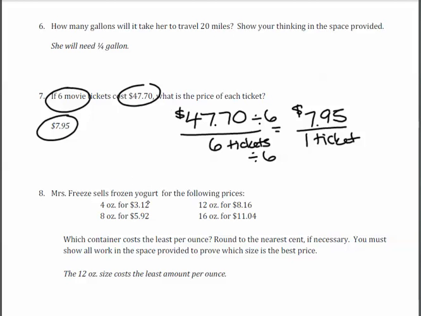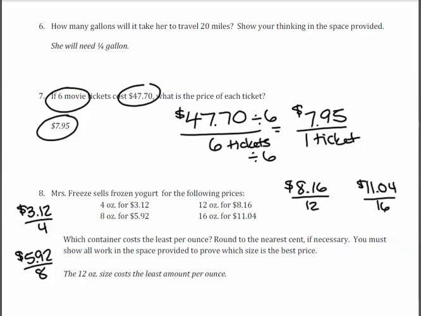Mr. Freeze sells frozen yogurt for the following prices. Again, all of these we're going to do money over items. So $3.12 divided by 4, $5.92 divided by 8, $8.16 divided by 12, and $11.04 divided by 16.